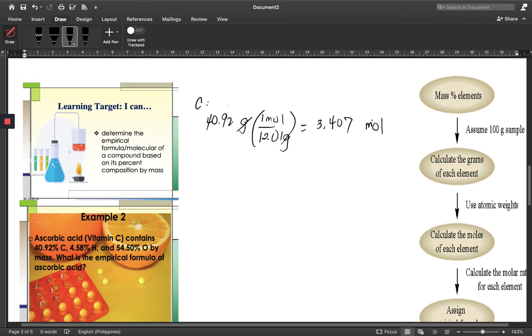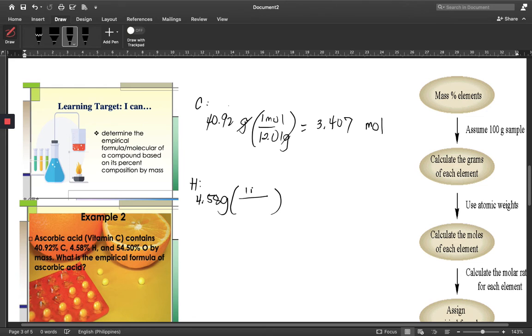Right? And then this time for hydrogen, so for H, number of moles of hydrogen, we know that the sample is 4.58%, so that's 4.58 grams of hydrogen, and then we want to convert it into the number of moles of hydrogen.